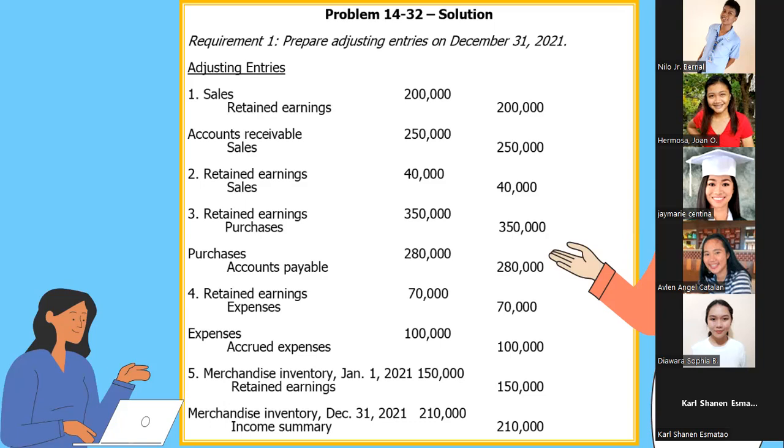In other words, the retained earnings was overstated because of the overstatement of net income. So to adjust, we need to debit retained earnings and credit expenses of 70,000. In December 2021, the accrued expense is 100,000 and the adjusting entry is debit expenses, credit accrued expenses of 100,000. Previous slide, please.